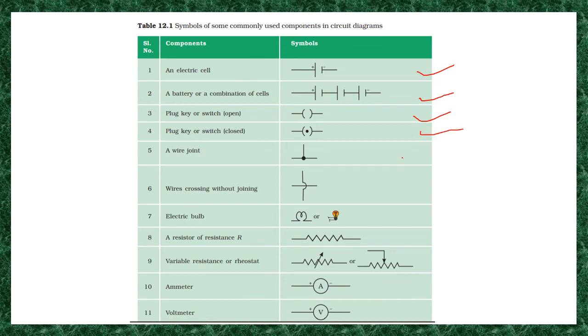And this is the symbol for the wire when wires are joined. If wires are crossing, then this is for crossing wires. And this is the symbol for electric bulb. That is the resistor. That is variable resistor or rheostat. Variable resistor means we can change the value of resistor. That is ammeter, and that is voltmeter.